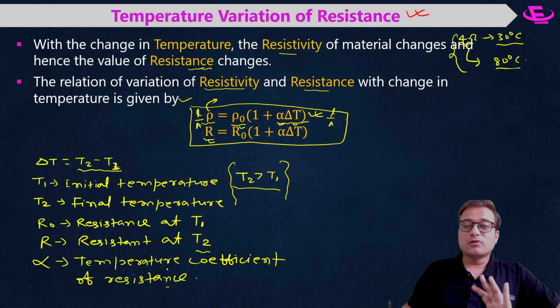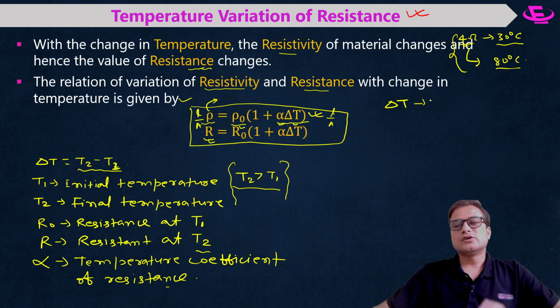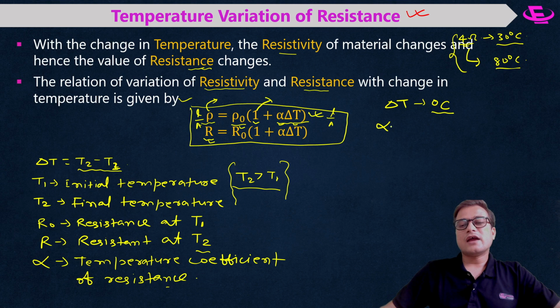Now let us calculate the unit of alpha. What is the unit of delta T? It is the change in temperature, so its unit may be Fahrenheit or Kelvin; here its unit is degree Celsius. Now what is 1? 1 is the constant term. So alpha into delta T should also be constant. Now what does it mean?